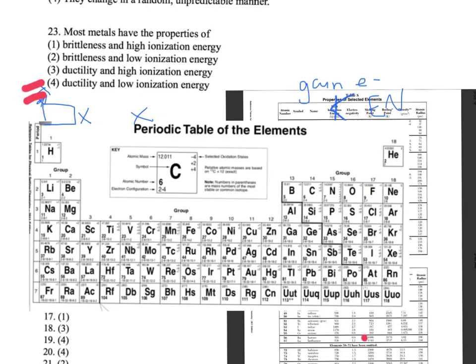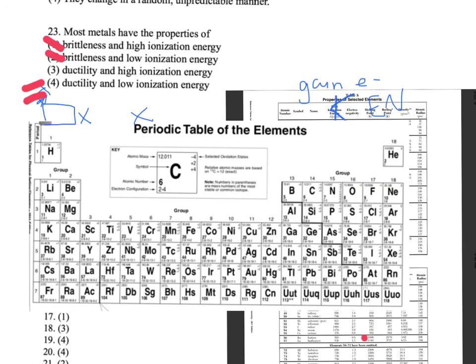Finally, question number 23, we're asked to evaluate the properties of metals. Now, metals, we know, tend to be ductile, meaning you can pull them into wires, and they're not brittle like nonmetals. So we know they're ductile, and we have to evaluate their ionization energy.